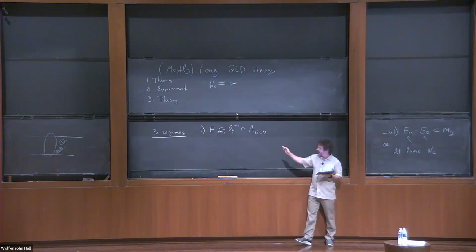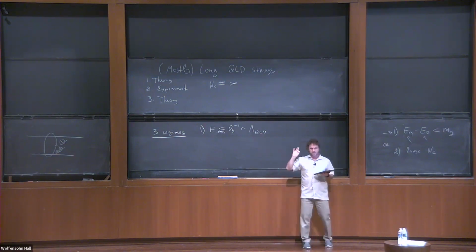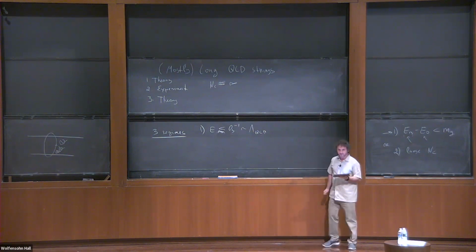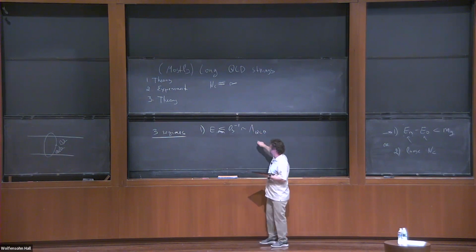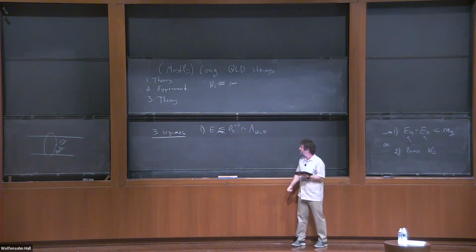By the way, given that I'm thinking about the large N limit, for me QCD is just synonymous with Yang-Mills. The string scale is set by the tension of the string.